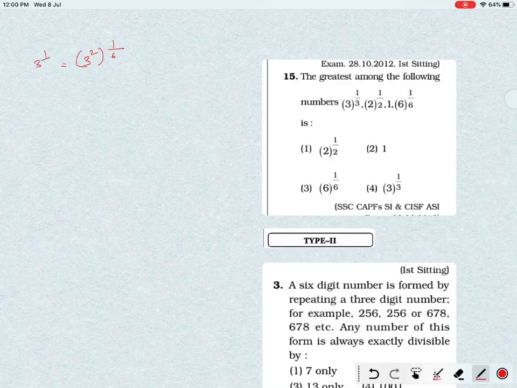That is 9 to the power 1 by 6. Then comes 2 to the power 1 by 2. It can be written as 2 to the power 3 into 1 by 6, that is 8 to the power 1 by 6, and we have 6 to the power 1 by 6. So obviously 9 to the power 1 by 6 will be greatest. That is 3 to the power 1 by 3.